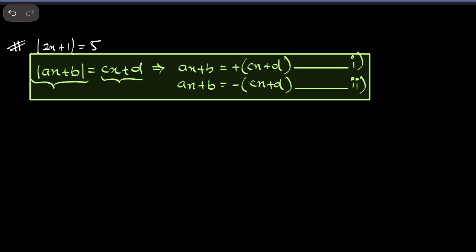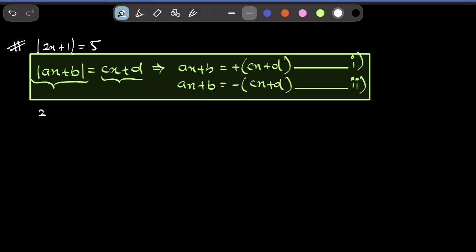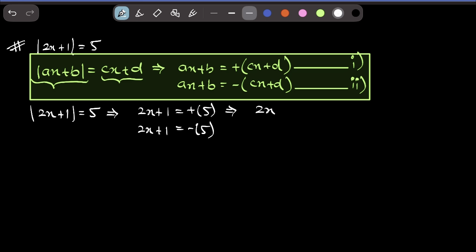Question number 1, mod of 2x plus 1 gives you a constant 5. Using the property above, I will get 2x plus 1 equals plus 5, and 2x plus 1 equals minus 5. When we solve this further, I get 2x equals 5 minus 1, that is 2x equals 4, and this gives x equals 2.